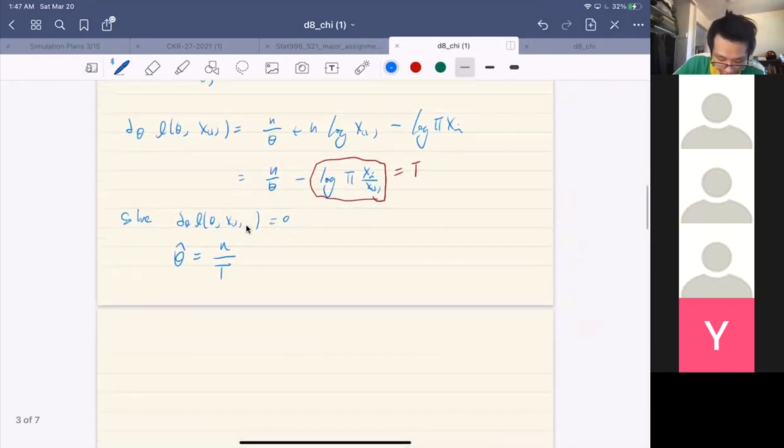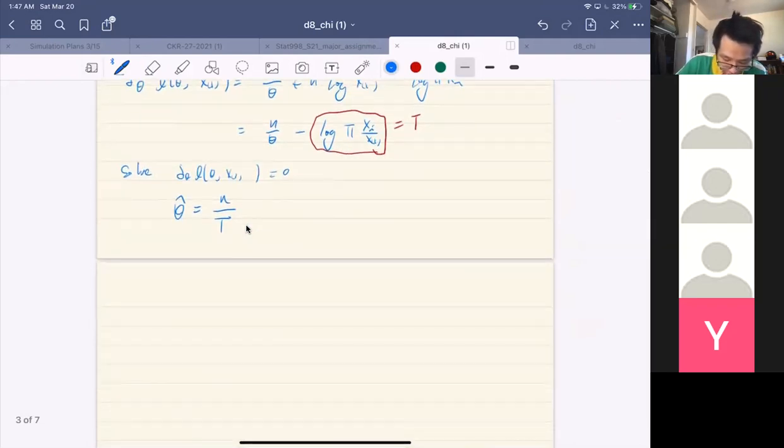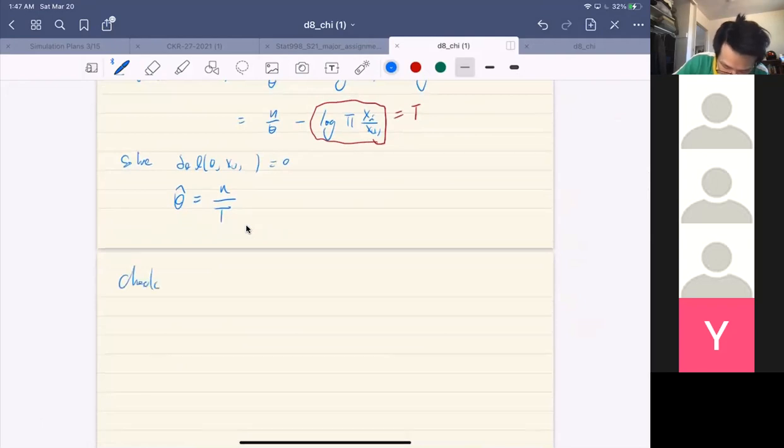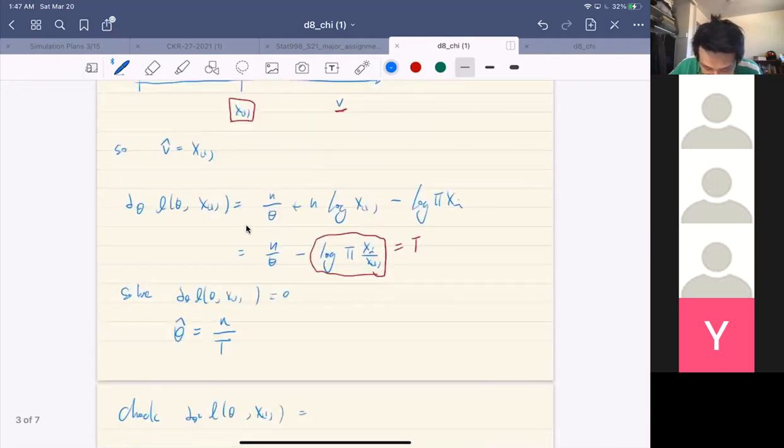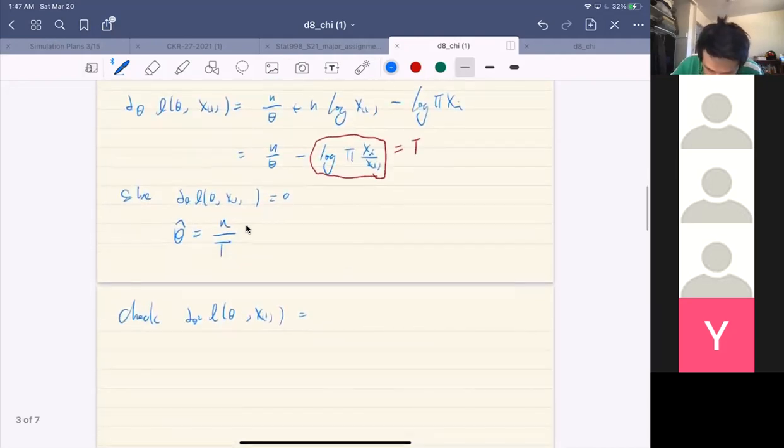So that's an MLE, but we also have to check the second derivative. Which is equal to, it's negative.